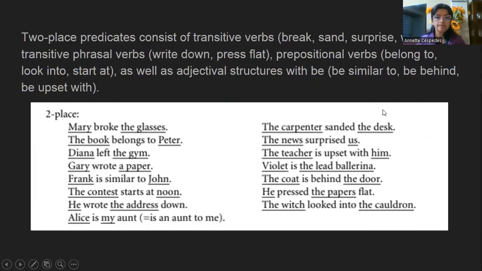Let's keep going. Now, let's talk about the two-place predicates that basically consist of transitive verbs, like break, surprise, leave, right. Transitive phrasal verbs, write down, press flat.